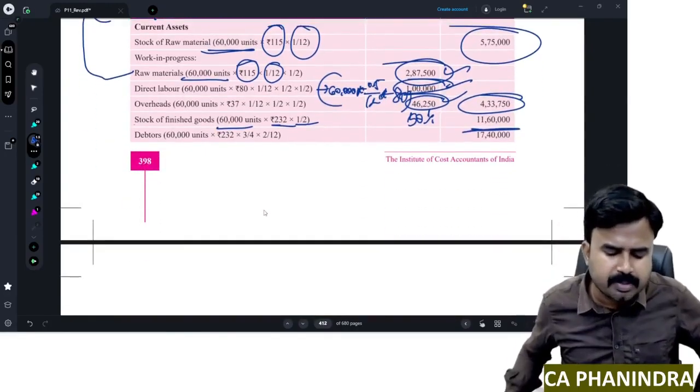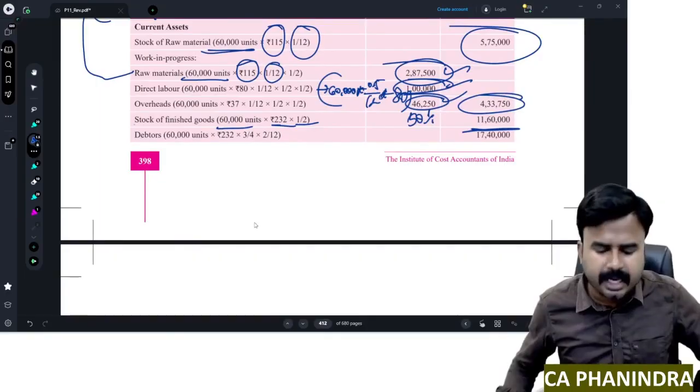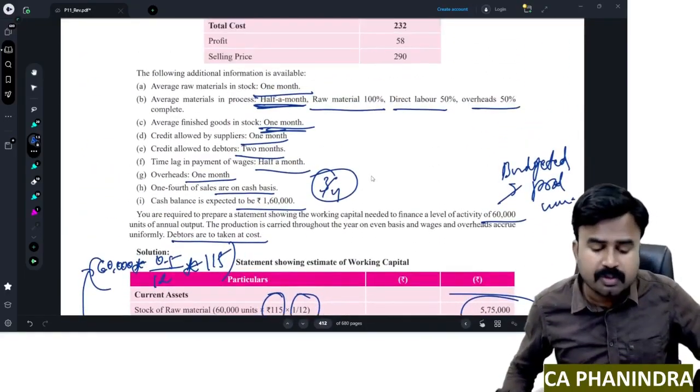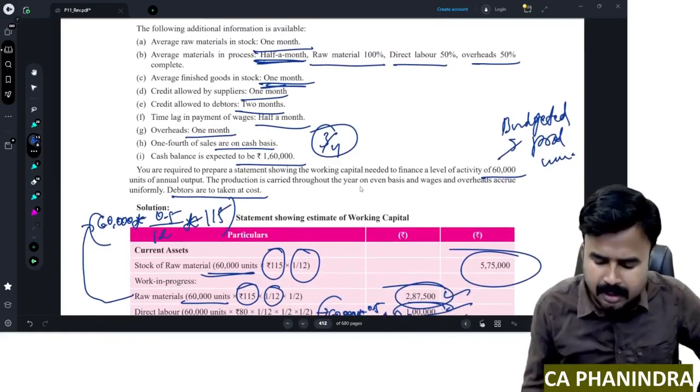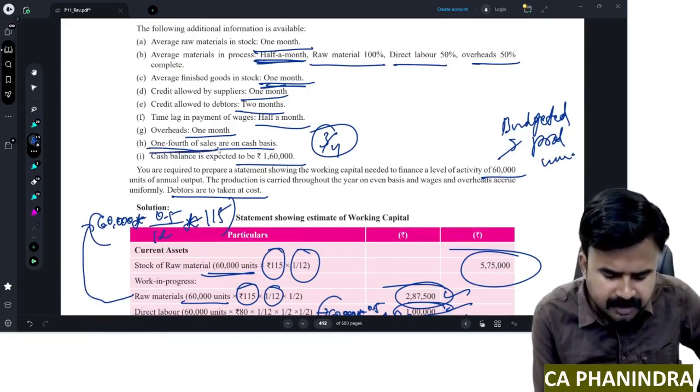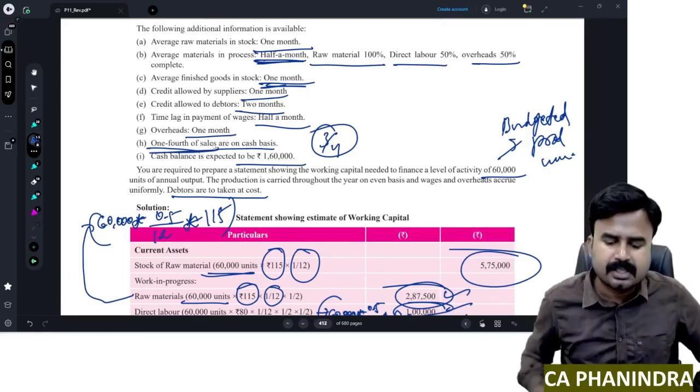Coming to debtors, investment in debtors. Take your estimated credit sales units. Out of 60,000 sales units, they said 1/4 of the sales are on cash basis. That means 3/4 of the sales are on credit basis.